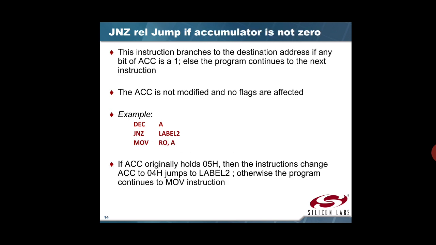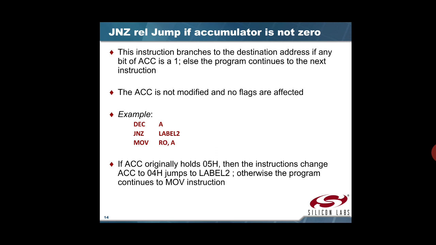Jump on non-zero is just the complementary operation, which means if the content of the accumulator is not 0, then it will jump to the specific location. One more thing here: both the instructions JNZ and DJNZ do not affect any of the flags. Let us take an example here: DEC A, then JNZ label 2, then MOV R0, A. Let me take the content of the accumulator as 05H. DEC A gives 5 minus 1, which is 4.